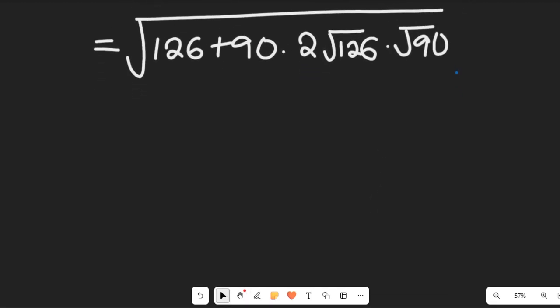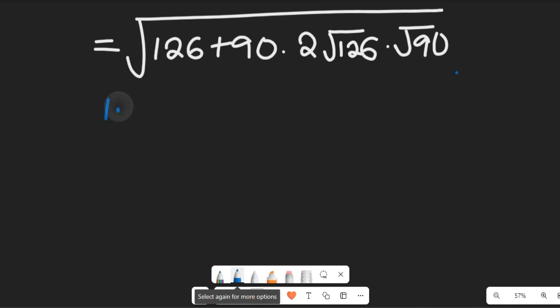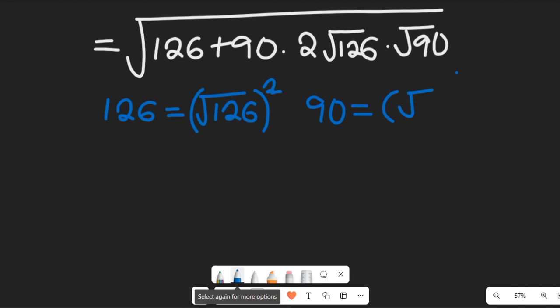and what I'm going to do is simply let my 126 be equal to the square root of 126 squared, which will still give me 126, right? I did not change anything, and I can equally make my 90 to be equal to the square root of 90 squared. I didn't change anything, because if square root cancels out square, I'm still going to have 126.